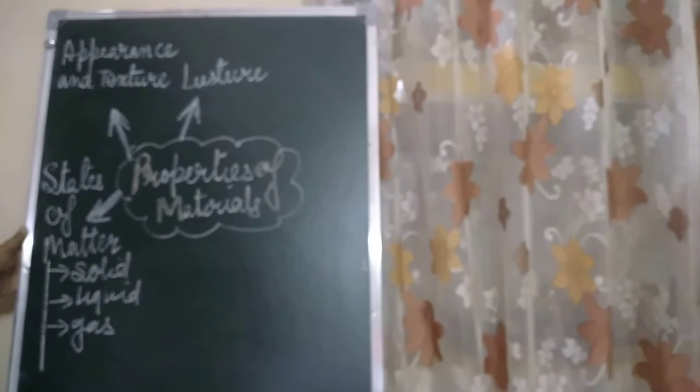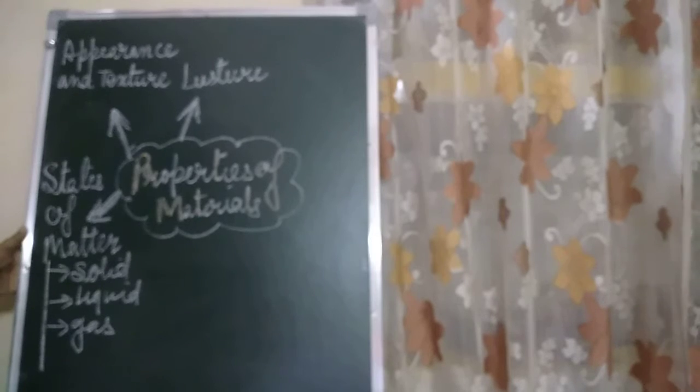And what about gases, children? The molecules are so far apart that there is hardly any attraction between them. So this was the arrangement of molecules in the states of matter, that is solid, liquid and gas. Now we will discuss solubility in water.